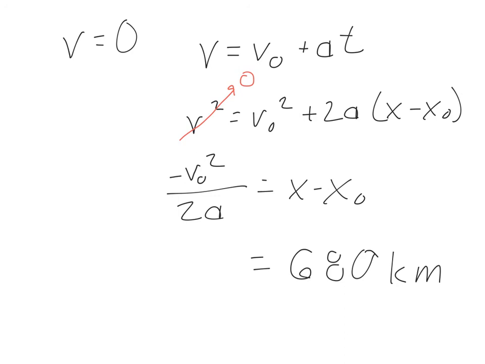When I plugged in values for velocity and acceleration, these were in kilometers per second and kilometers per second squared, and the units still work out, with the displacement coming out in kilometers. I didn't have to convert to meters per second and meters per second squared, get this value in meters, and then convert back to kilometers. It wouldn't have been useful here. In other cases it might be, but in this one, I could get away with leaving everything as it was.